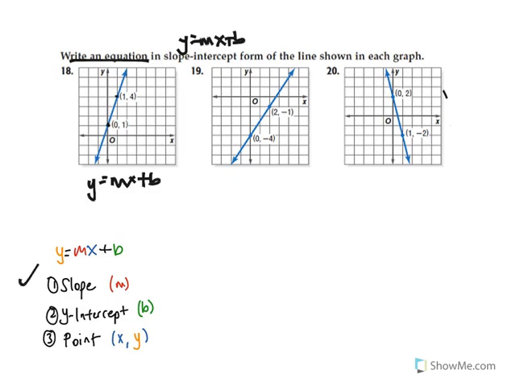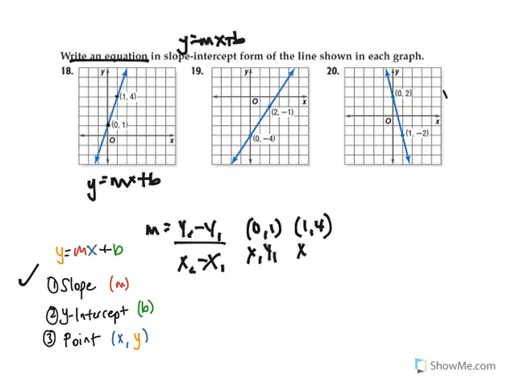So let's find one thing first. The equation for slope, remember, is m equals y2 minus y1 over x2 minus x1. Let's write our points here, and let's name them. We will then substitute.